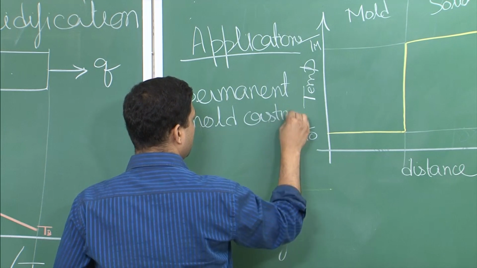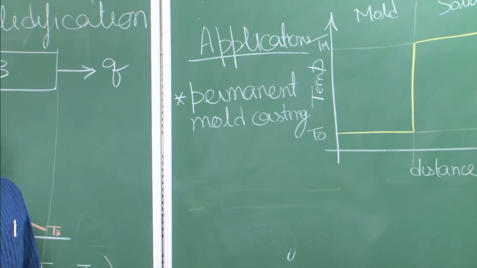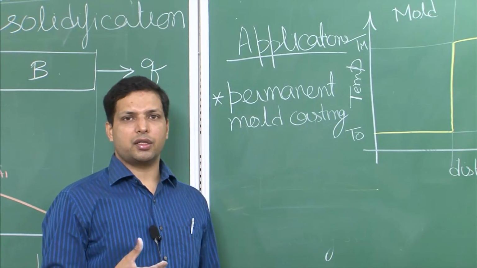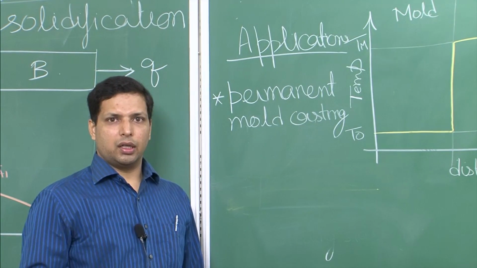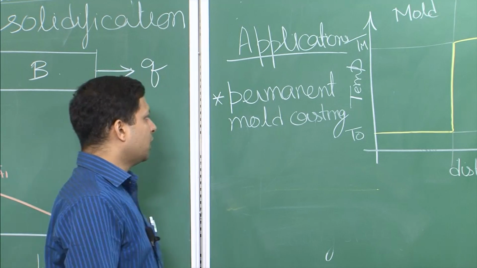One of the most important applications for this, because in permanent mold casting you have something like a steel mold into which you cast a high conducting material like aluminum.